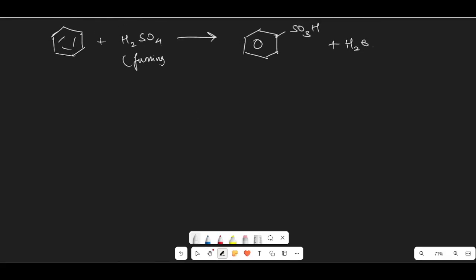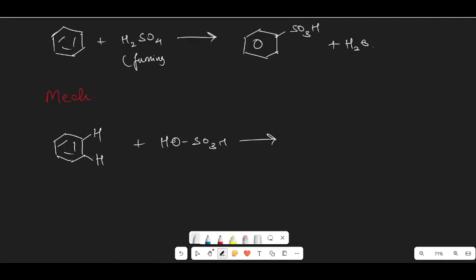Mechanism would be such that benzene, I'm going to draw out the hydrogens just in case, plus H2SO4, HOSO3H. This is another way to write it. In the presence of some Lewis acid catalyst, this would be again sulfuric acid itself, excess sulfuric acid.